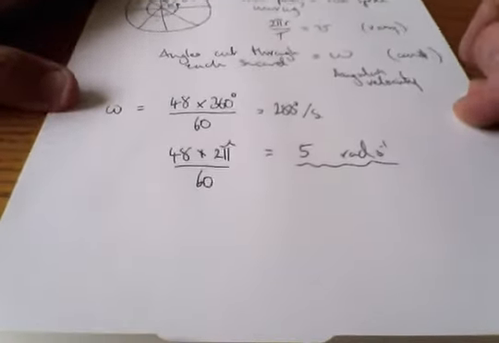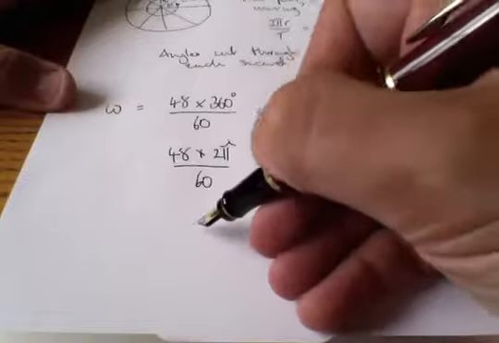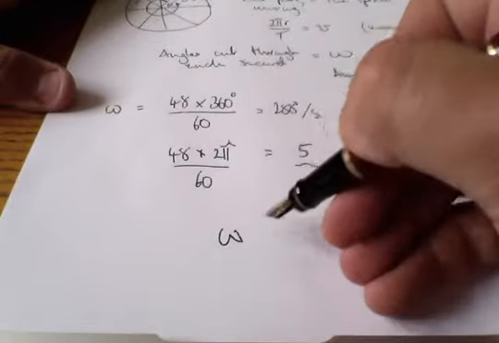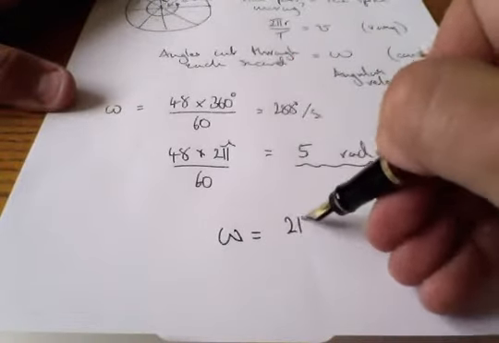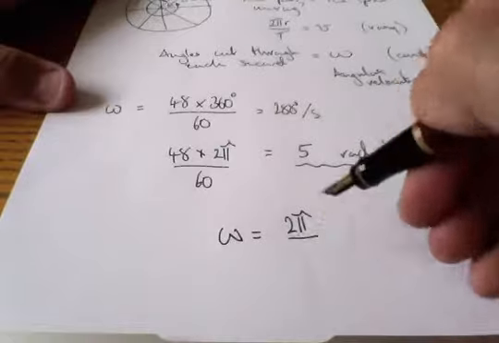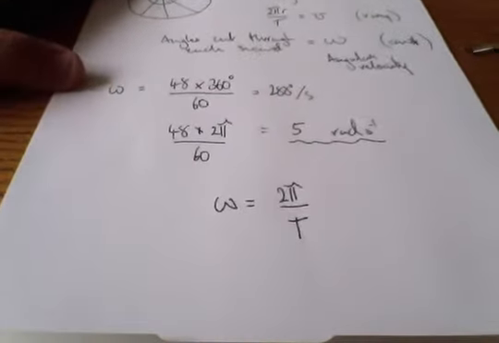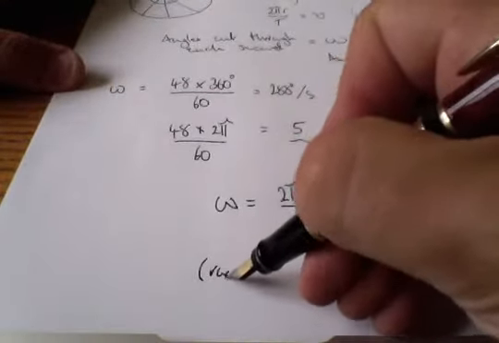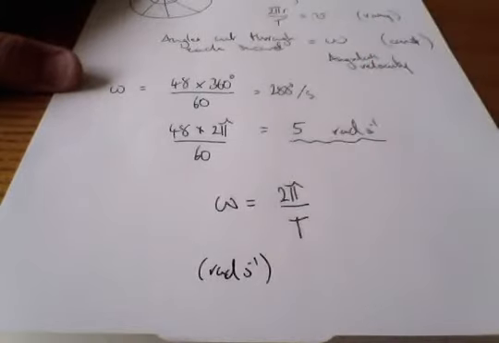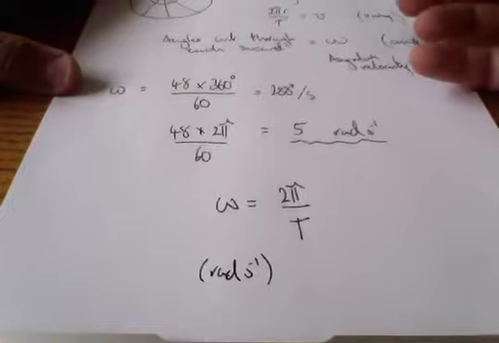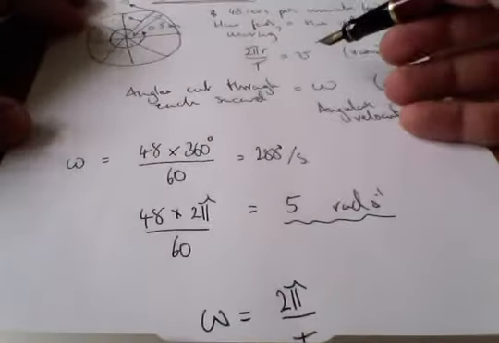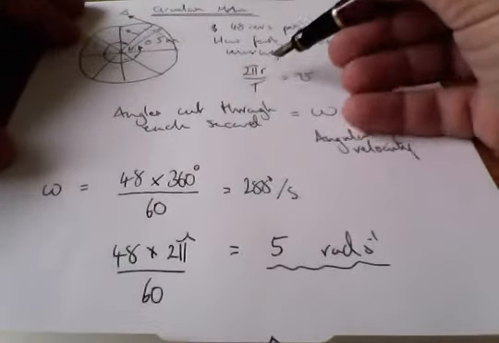In other words, what we're looking for is a good appreciation of this idea that omega is the number of revolutions divided by the time period, and it's measured in radians per second. Interestingly, we have an expression for velocity up here, which is 2 pi over T times r.